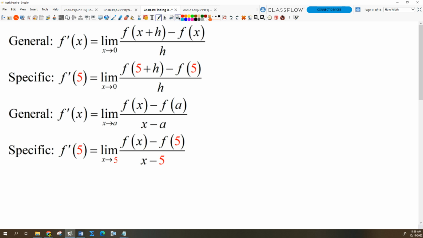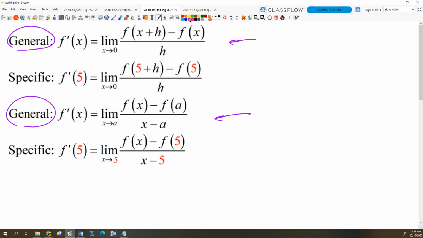And then remember, if I use either this version or this version, notice that I'm being general. I'm coming up with derivative functions. F prime of x is a derivative function where I can plug in any value of x and it'll spit out the value of the derivative for that value of x.